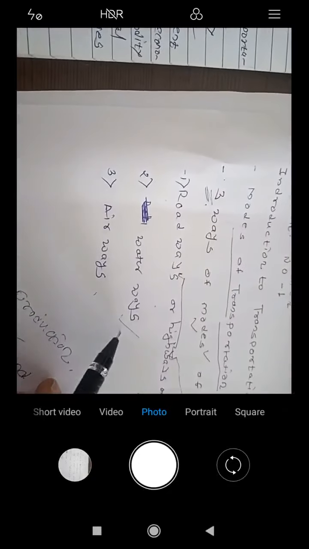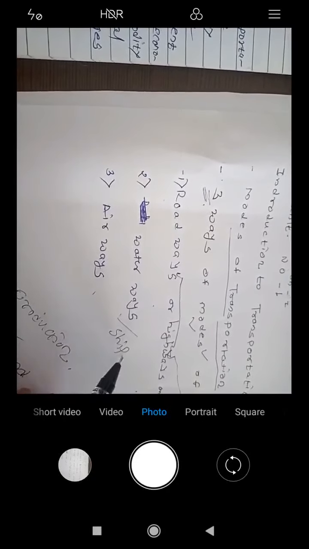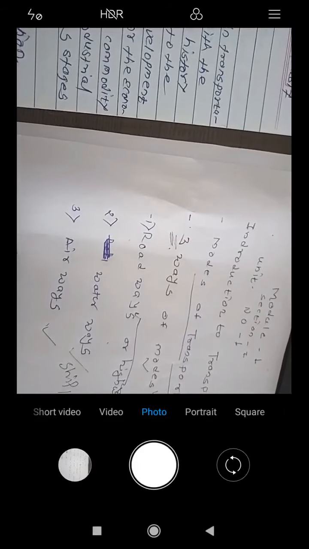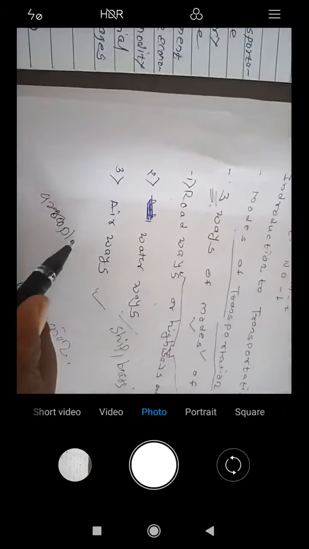Then the second way, the waterway, means ships, boats, etc. And the airway means aeroplanes, etc. These are the ways of transportation.